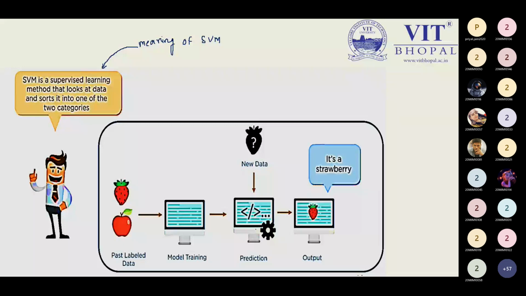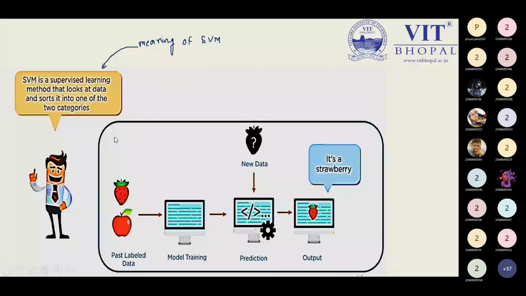So definitely what is gender? Gender features, we can distinguish these two classes. That is the point. So support vector machine is a supervised learning method that is used to make the class properly, to classify the data.